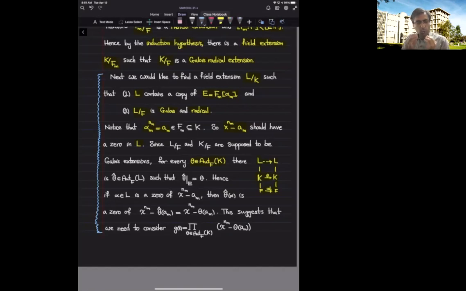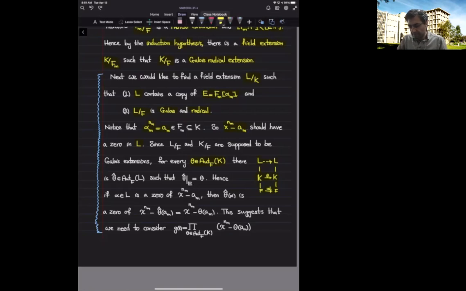So again, the goal is to construct this field extension of K that has these two properties. It contains a copy of E in it, which means I need to make sure this particular zero of x to the power n sub m minus a sub m is inside the field L. And second, L over F is a Galois radical extension. Let's again focus on the condition that it should contain a zero of this polynomial.